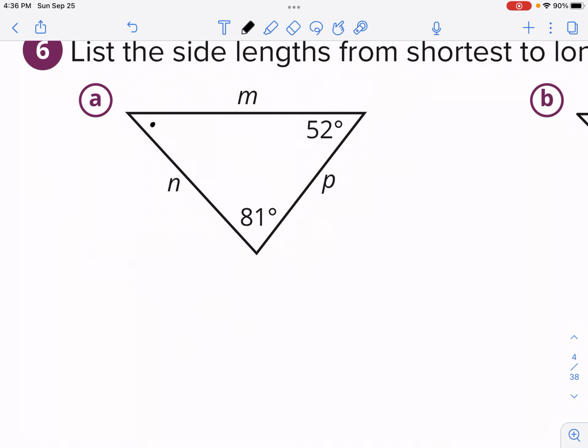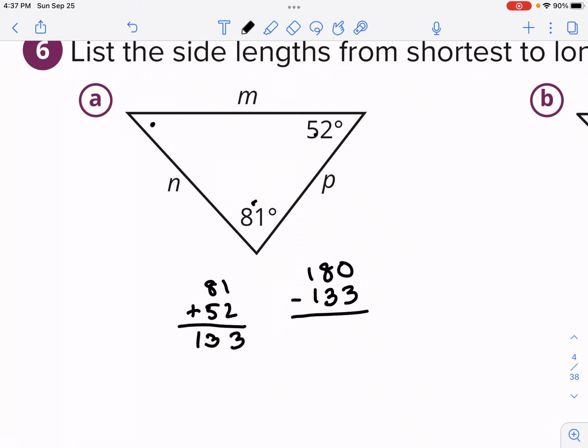I know 81 plus 52. How can I figure out this missing angle? I know that these two angles add up to 133. I can subtract it from 180 to figure out the missing angle.